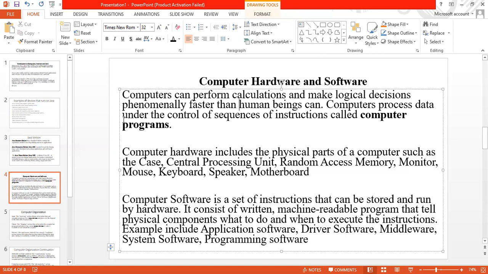We have the middleware. We have the OS, the operating system, which is the system software. Every system runs on an operating system, and the basic component of the operating system is the kernel.